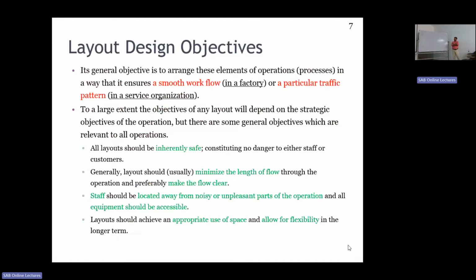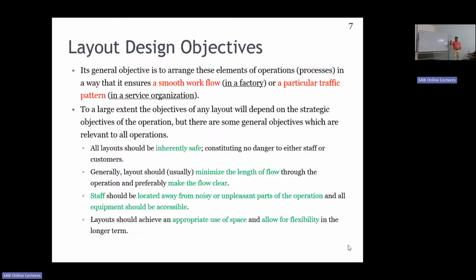I'm reading: layout should minimize the length of flow through the operation. Unnecessary traveling means unnecessary time, unnecessary cost, unnecessary waste. So to minimize that, we need to minimize the length of flow and also preferably make the flow clear, from where to start, where it goes.